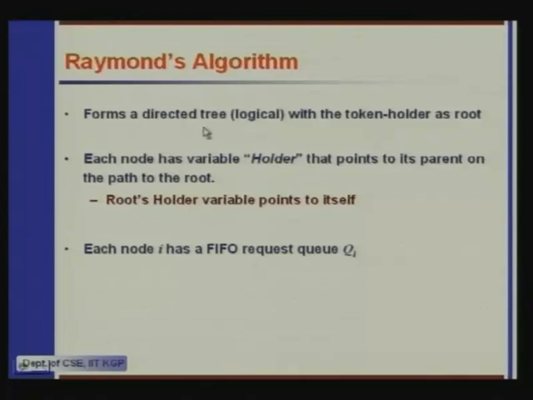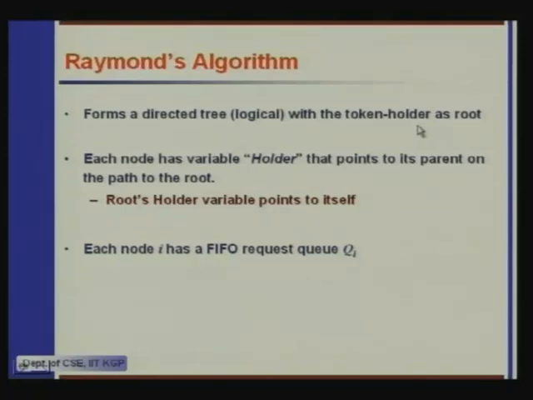That was the improvement on Floyd-Warshall's algorithm, by which we were able to route the routing tables only along the edges of a tree. So, here also we will form a directed tree which is logical. Physically there is no tree, this is logical regardless of the underlying network. It forms a directed tree with the token holder as the root.